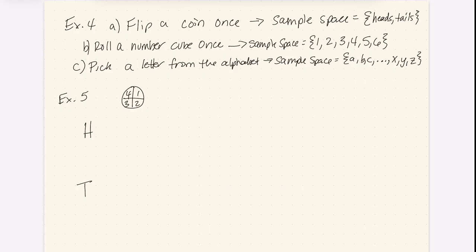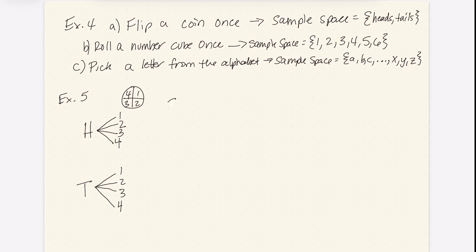So my outcome for heads, I could do heads and spin a 1. I could do heads and spin a 2. I could do heads and spin a 3. I could do heads and spin a 4. I could flip a tail and spin 1. Flip a tails and spin 2, flip tails and spin 3, flip tails and spin 4. So these are all of my possible outcomes.